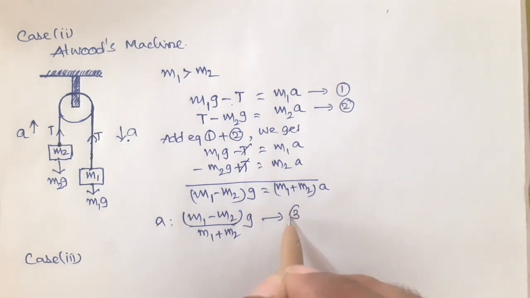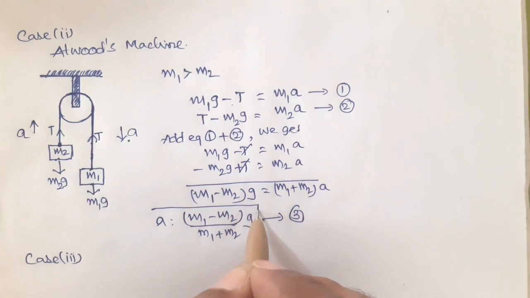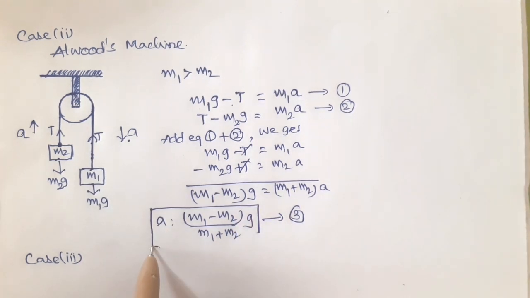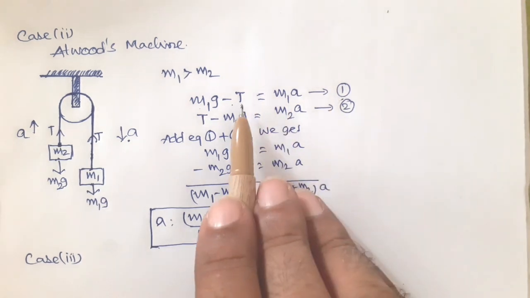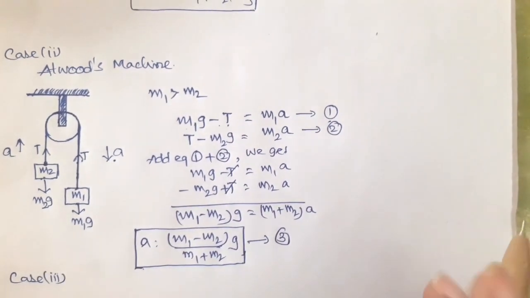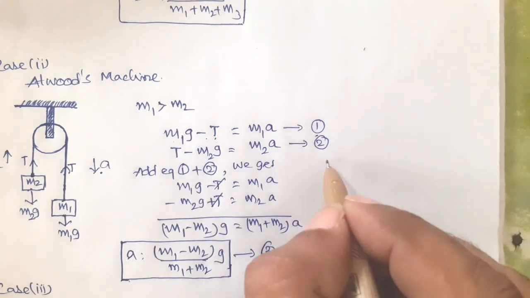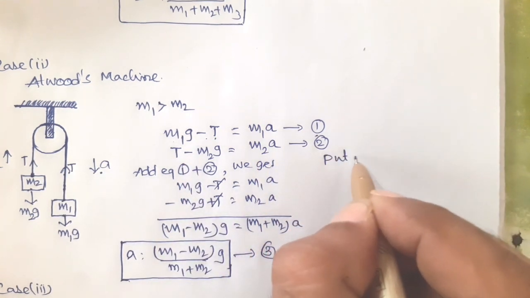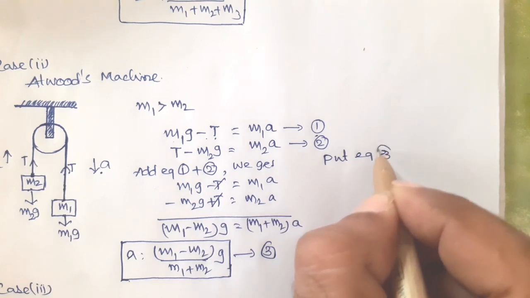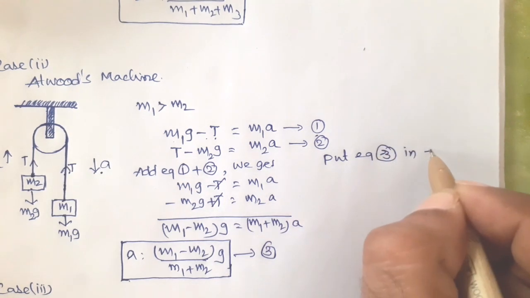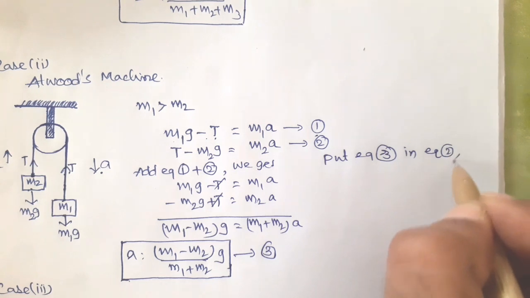This is the acceleration. Now substitute acceleration either in equation 1 or in equation 2 to get the tension. For that, I consider the second equation. Substitute equation 3 in equation 2.